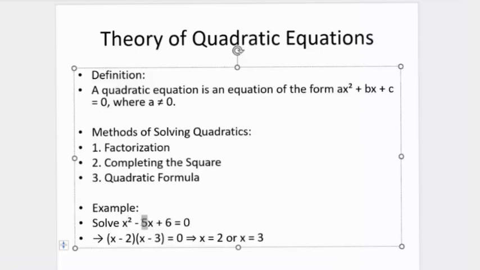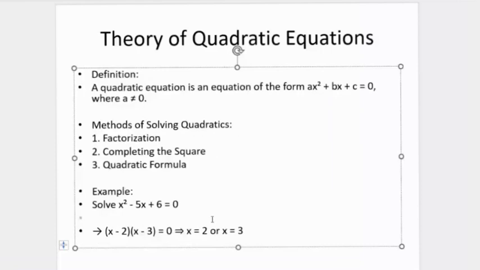If you go through all the factors of 6, you have 1, 2, 3, and 6. Now you have to find two of those factors that when you multiply, give you your product of a and c, which is 6, and when you add them, give you the coefficient b, which is -5.